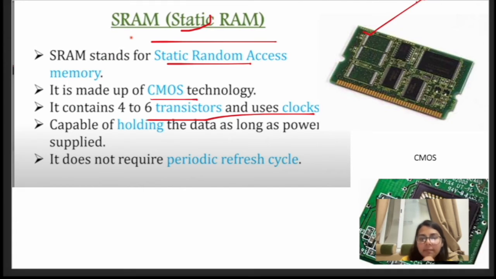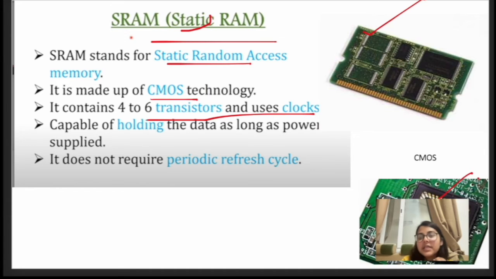And what is the important characteristic of SRAM, students? Why is it considered as static? Yes, it does not need to refresh periodically, and it uses CMOS technology. You can see that CMOS technology is here. CMOS stands for complementary metal oxide semiconductor.